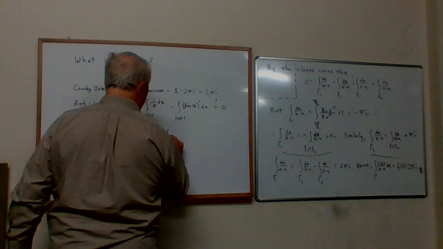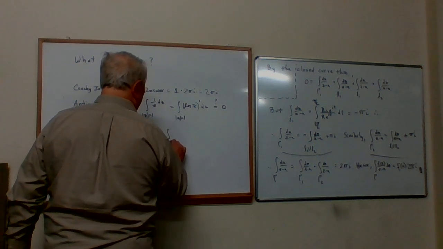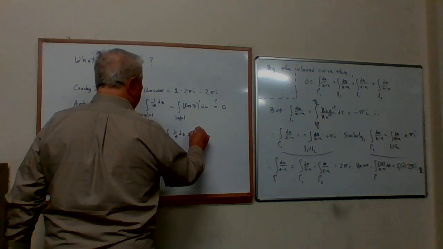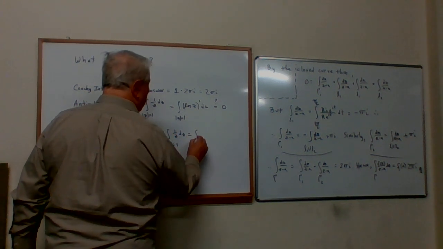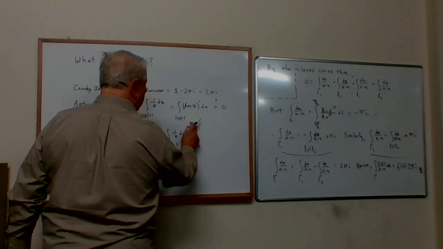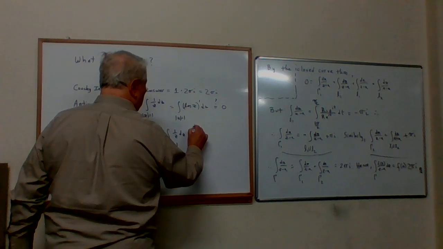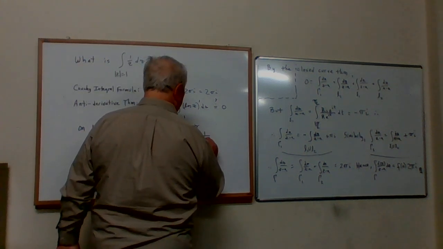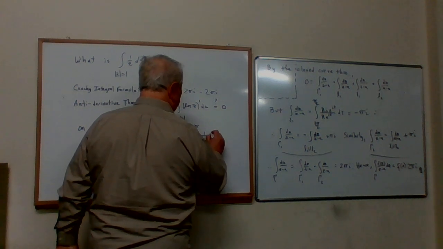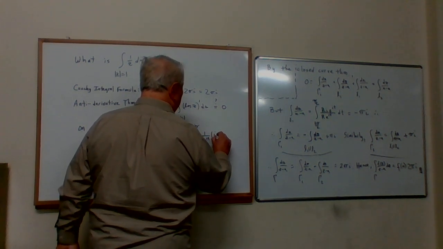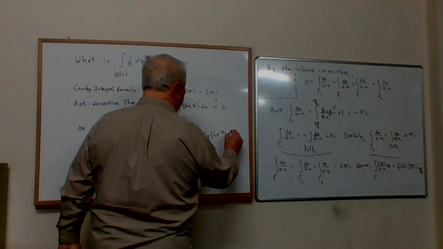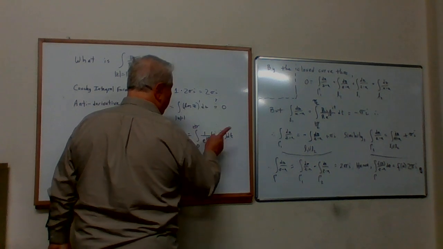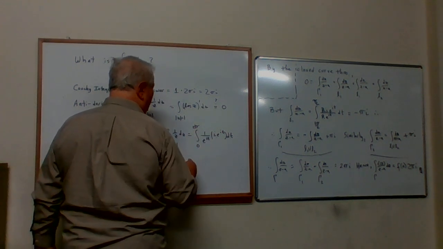So the integral over the unit circle of 1 over z dz is the integral from 0 to 2 pi of 1 over e to the it times the derivative, i e to the it, times dt, which is equal to, there's cancellation of the e to the it's, I'm left with an i on top.